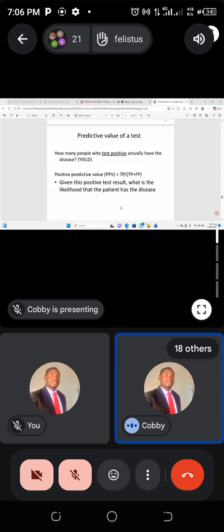So we have the positive predictive value and the negative predictive value.